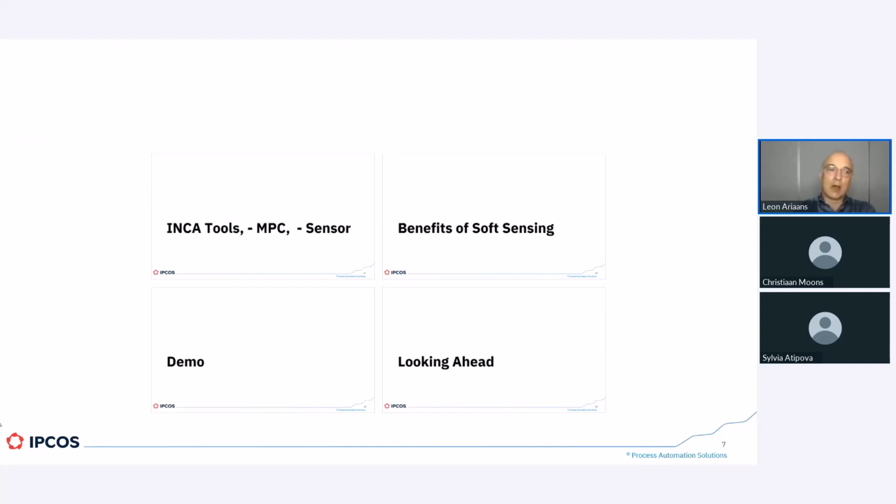I left IPCOS and worked in a financial institution for a while, but I returned to IPCOS in 2005, picked up working on INCA MPC and other tools in the INCA Suite, and I'm still doing that, heading the team that develops, maintains, and supports INCA MPC.